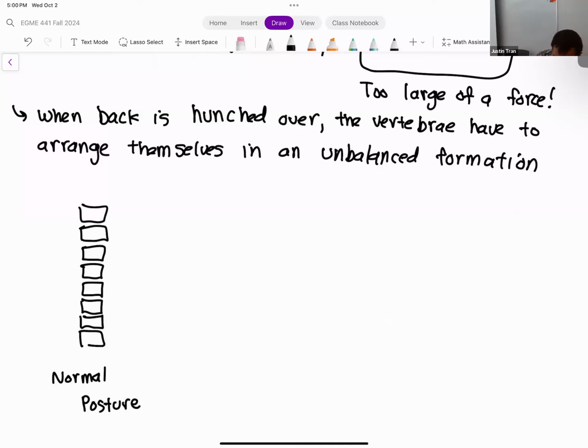Of course, I'm using rectangles here to approximate the spine. When you're hunched over, all these bones have to rotate themselves a little bit. And so it ends up being something like this.